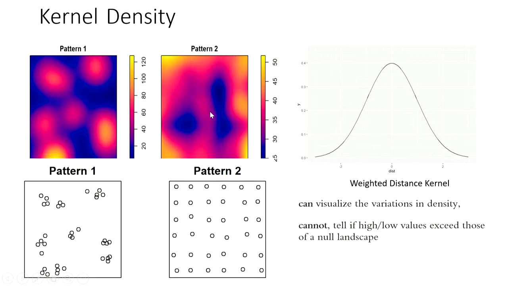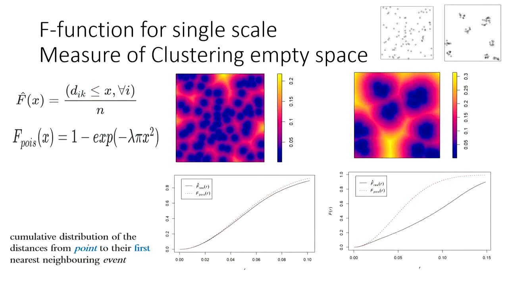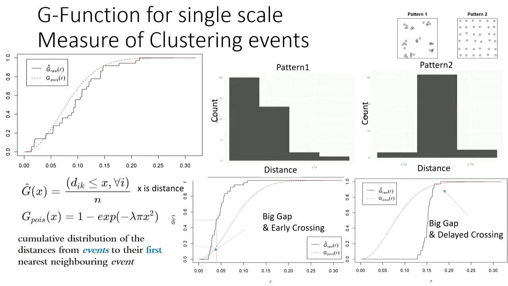But the problem with kernel density functions is that this gives visual cases where we are able to differentiate these two. But if you want to compare whether this is a higher band cluster or has a larger clustering pattern compared to this, the distinction is not completely possible, and that's basically a demerit of kernel density functions.